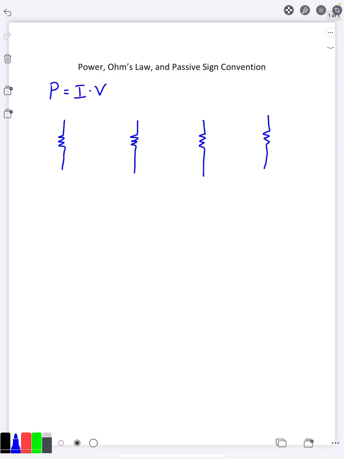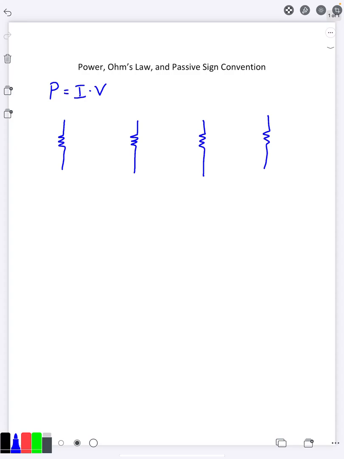They're going to have the same current actually moving inside of them. They're going to be absorbing the same amount of power and so on. So the physical side of it is going to happen the same in all 4 of these. However, what's going to change is how we are labeling what's happening. Now again, we're not changing what's actually happening, we're just labeling it.